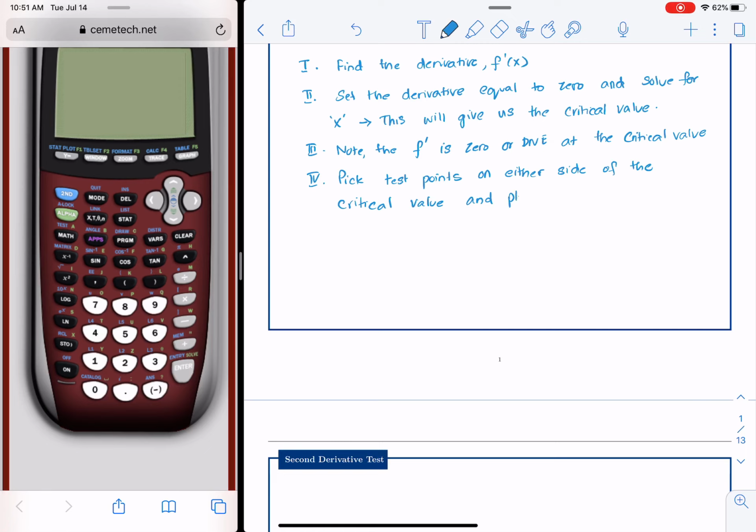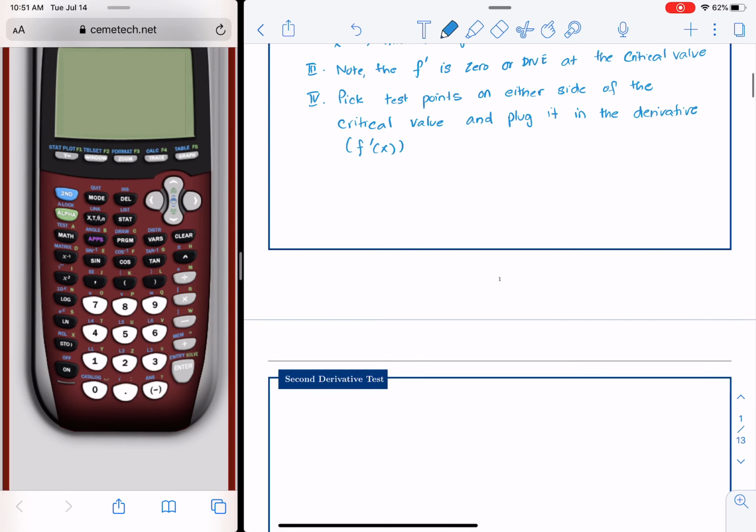And plug it in the derivative. The most common mistake I've seen people make is instead of plugging it in the derivative, students tend to plug it in the original function. You shouldn't plug it in the original function. You have to plug it in the derivative.